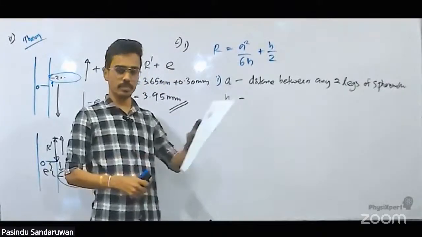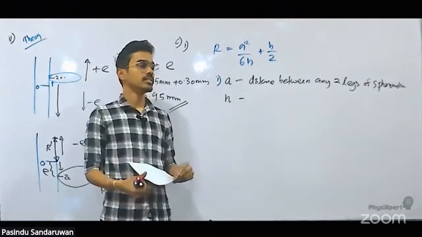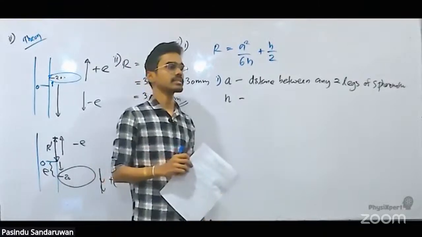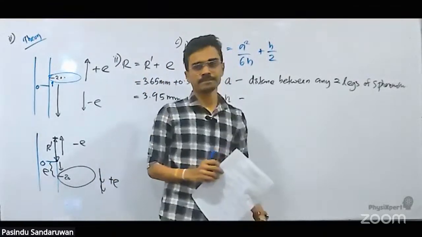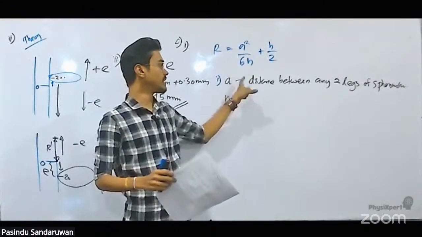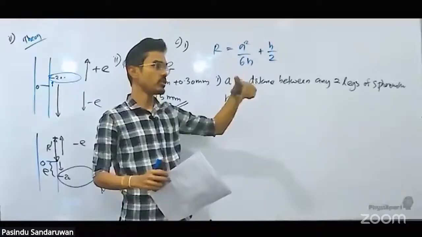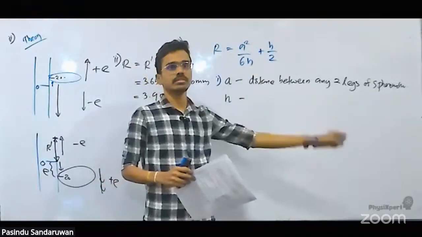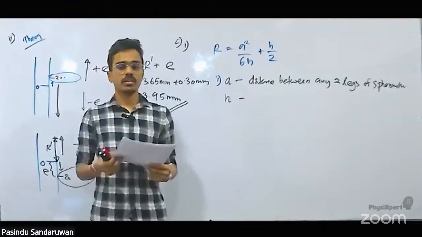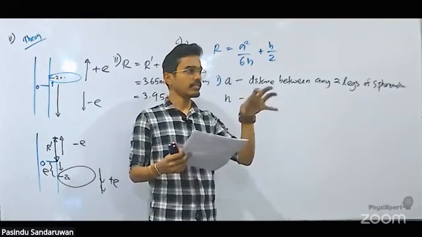By using that geometry we proved the equation. Legs are located in an equilateral triangle. All three legs are located in an equilateral triangle. So usually when taking this A, we measure all three and take the average, for a more accurate value. Otherwise, they are supposed to be in an equilateral triangle.